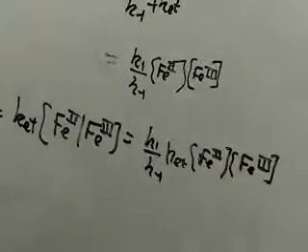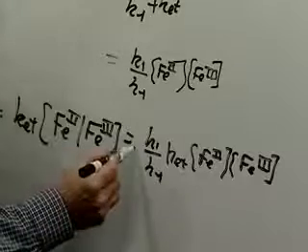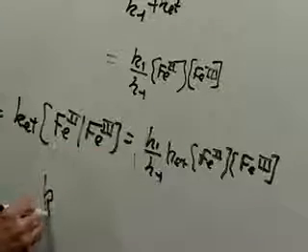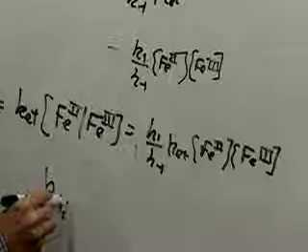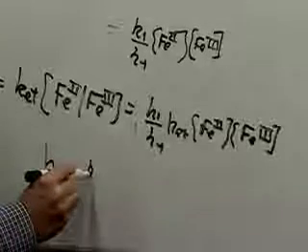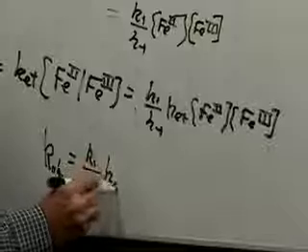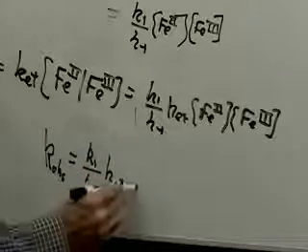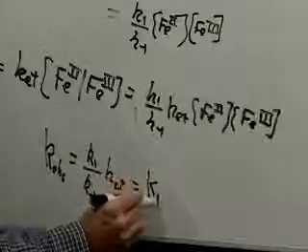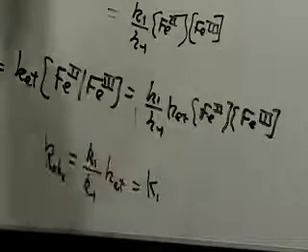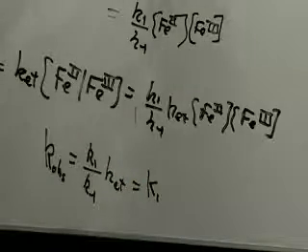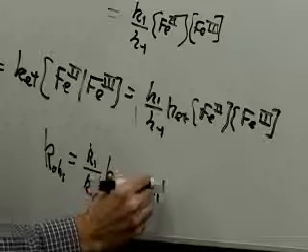Okay, so this is now my k observed, my rate constant, k1 over k minus 1 times k_ET. Or I can just call it K1, the association constant, the equilibrium constant to form the precursor complex, times k_ET.